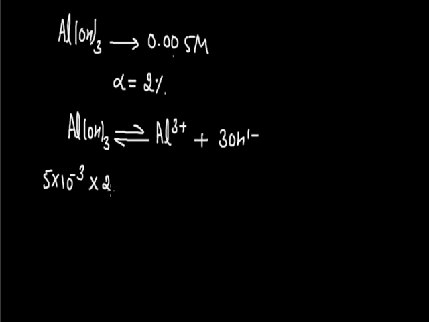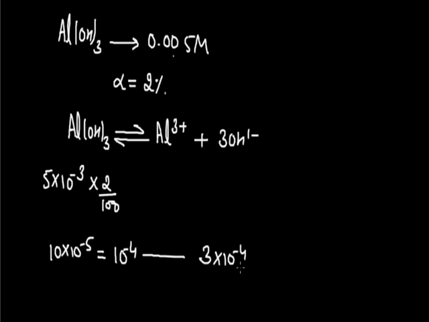The 2% of this can be calculated as 10 into 10 power minus 5, and again the value is 10 power minus 4. One molecule of aluminium hydroxide gives 3 hydroxide ions, and since we have 10 power minus 4 moles of aluminium hydroxide, they will give 3 into 10 power minus 4 moles of hydroxide ion.